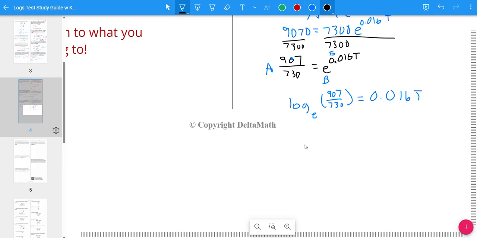You could just write ln, but a lot of people prefer to do this. Like you could just write ln of this and then divide by this. If you want to, you'll get the same answer. But a lot of people like base on bottom better. That's okay. So log of 907 over 730 over log of E.